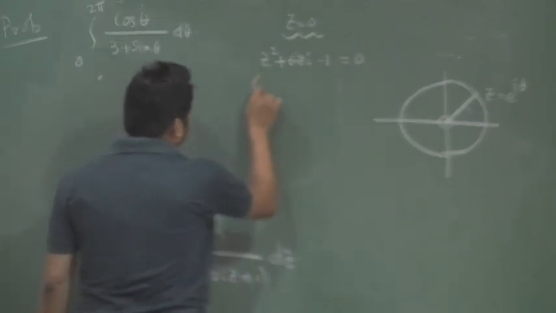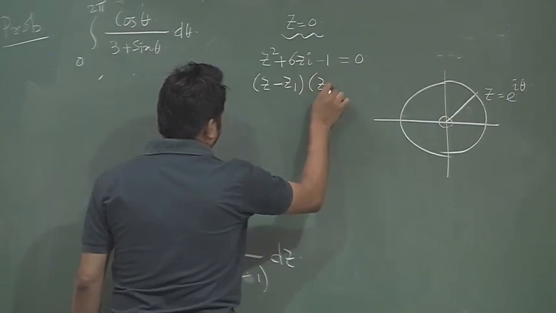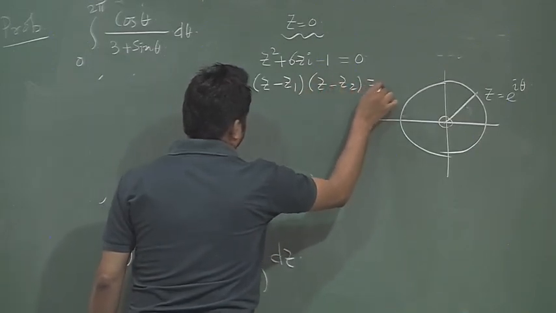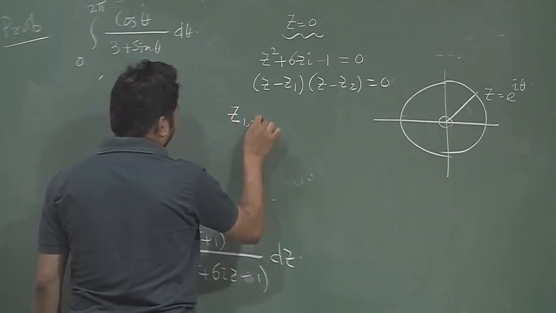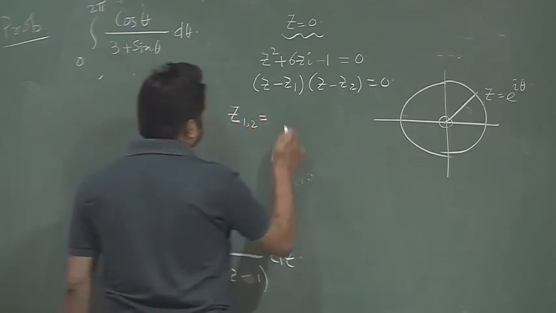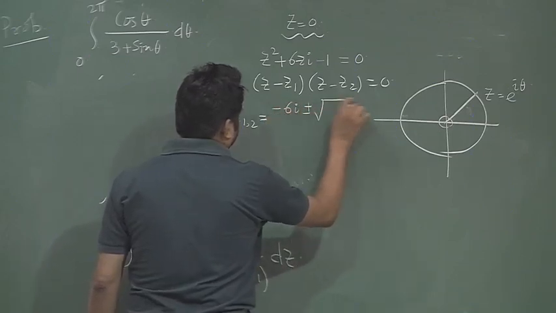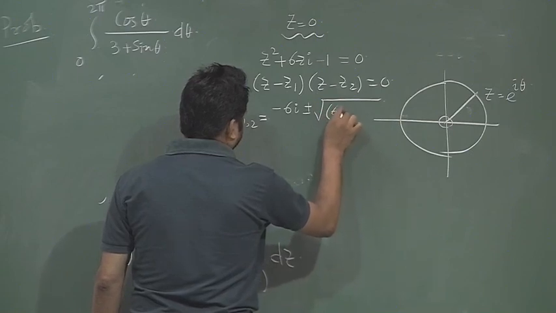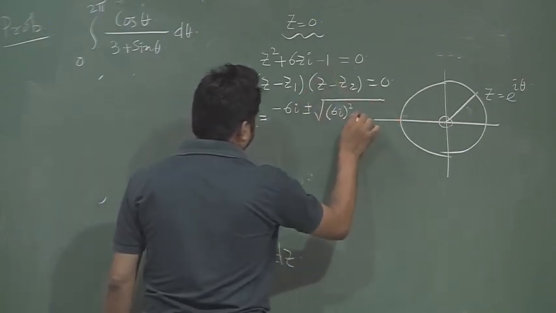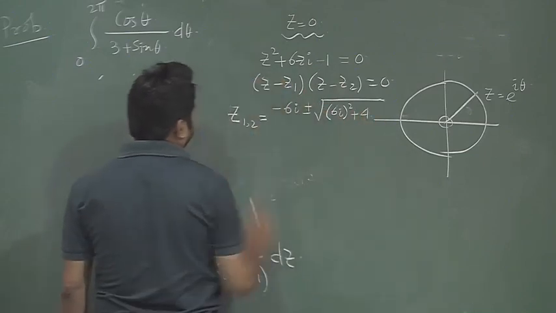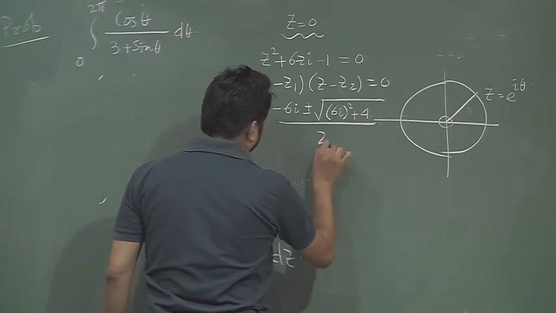So, the solution, if I write it as z minus z1 and z minus z2 equal to 0, then z1, z2 like before is minus b plus minus root over b square minus 4ac. So, minus 6i plus minus root over 6i square, that is minus 36, minus 4ac, so plus 4, a is 1, c is 1. So, it is just 4, divided by 2.